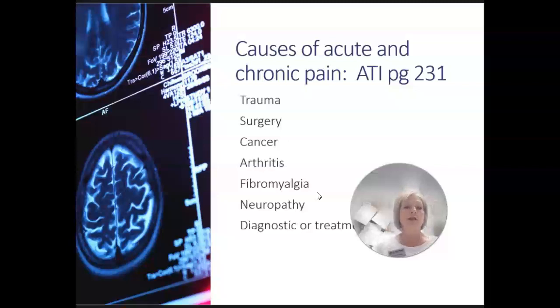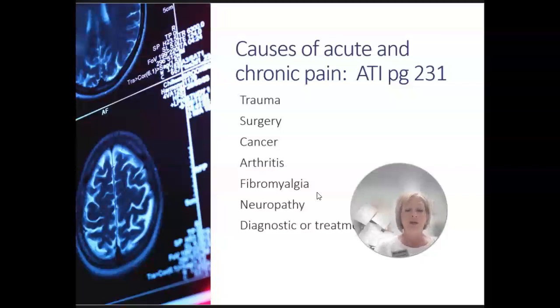So the causes of acute and chronic pain. If you think of the causes, trauma. If your patient has been in a motor vehicle accident, has been hit by a car, or had a motorcycle accident, whatever the cause, that can be acute and chronic pain. Surgery is going to be acute pain that could turn into chronic.